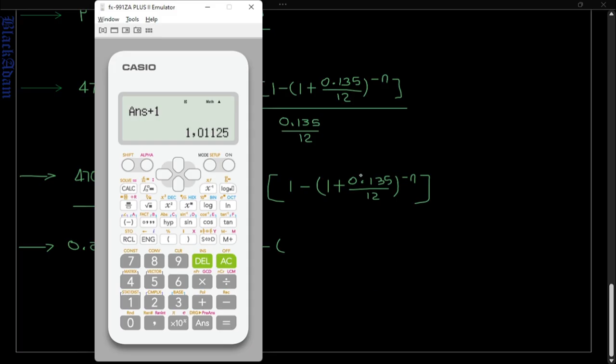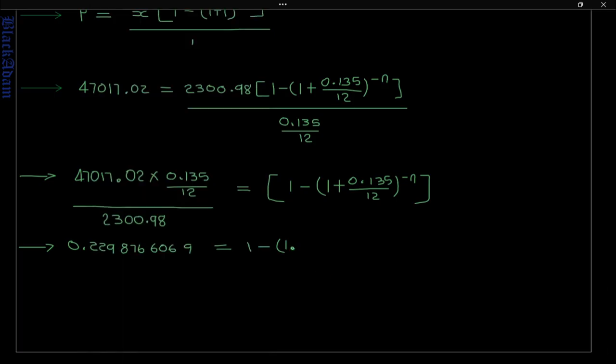It's 1.01125, 1.01125 to the power negative n. So we're getting close to the answer. The power is negative n, not negative 1, so negative n.